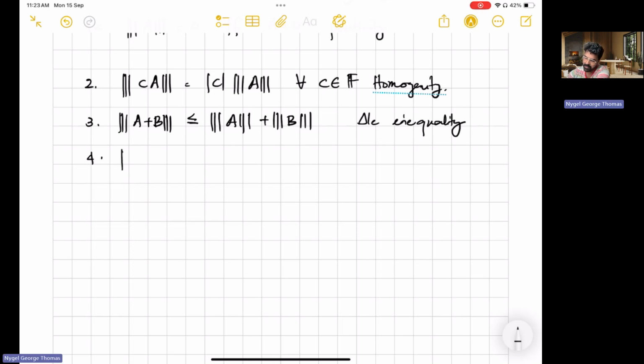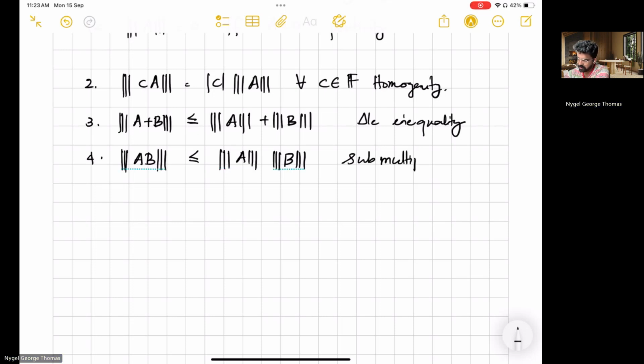But for matrix norms, it should satisfy an additional property which is known as submultiplicativity. This is an inequality which describes the product of 2 matrices. The matrix norm of the product AB should be less than or equal to the matrix norm of A times the matrix norm of B. If all these 4 properties are satisfied, it is a valid matrix norm.